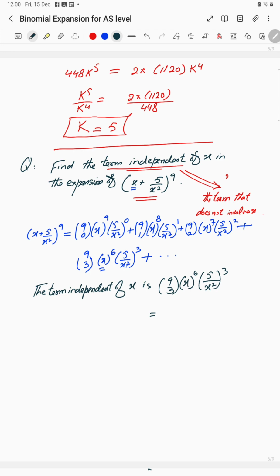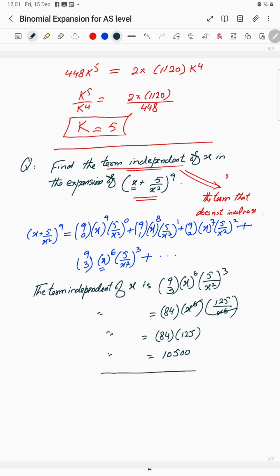It will be 84. x⁶ and 5 power 3 will be 125 over x⁶. You can see it cancelled. So 84 times 125, 10500. So the term independent of x is this. That's my final answer for this question. I hope it is clear.